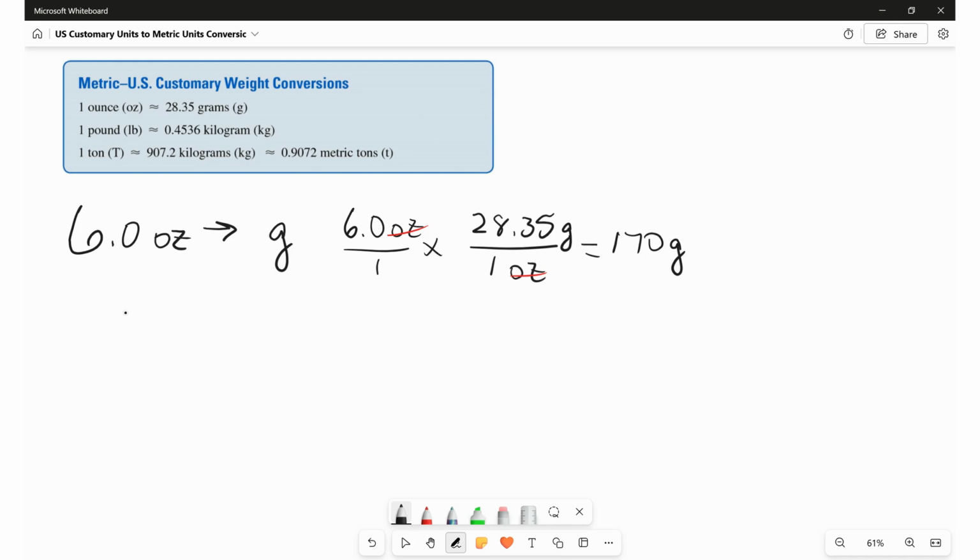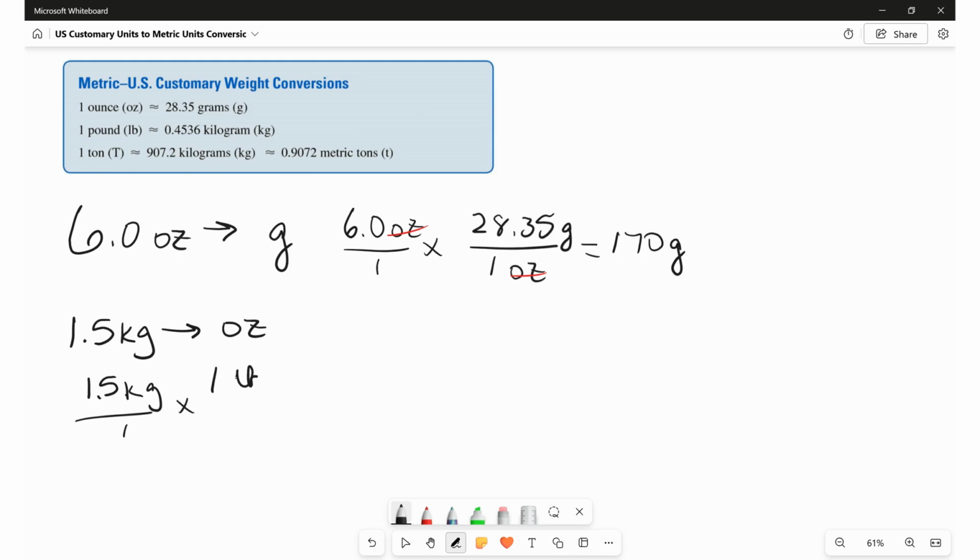Okay, let's look at one that's going to have a couple of conversions. So what if we want to convert 1.5 kilograms to ounces? Well, we start out and we have 1.5 kilograms. And the only thing that we have right now is to convert that into pounds.